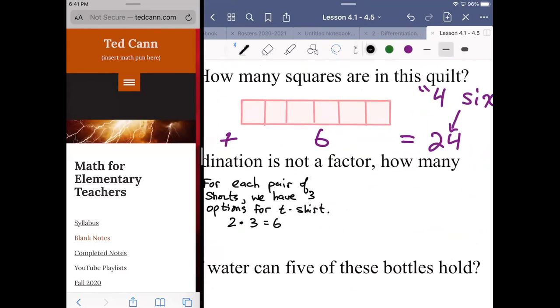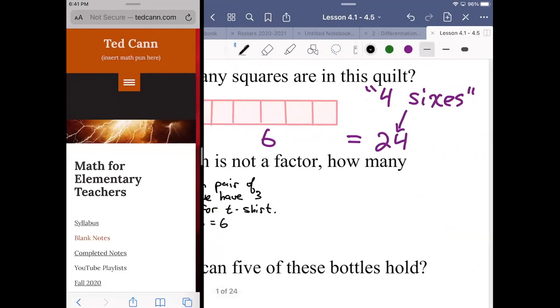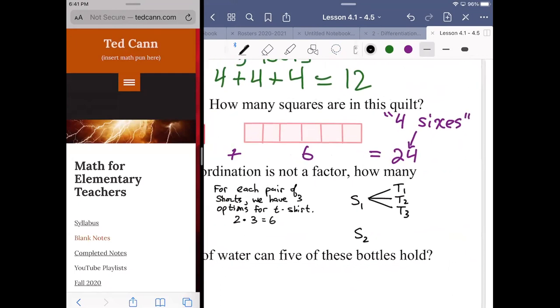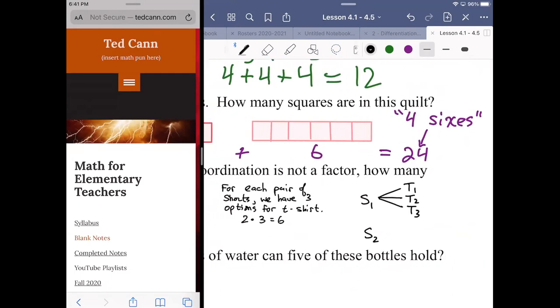Maybe a tree diagram. This is where I'm stealing my own thunder because I do this again later on in the notes. But if you have one pair of shorts, you could have 3 possible outcomes, right? T-shirt 1, T-shirt 2, T-shirt 3. For my second pair of shorts, and this is really just a diagram talking about what I wrote here. For each pair of shorts, we have 3 options for T-shirts.